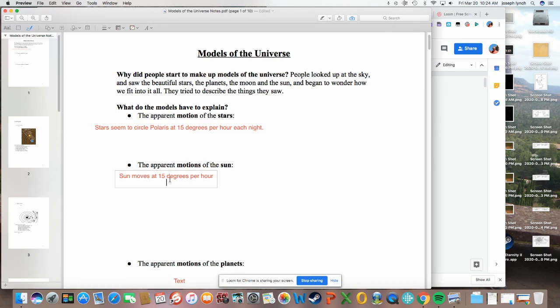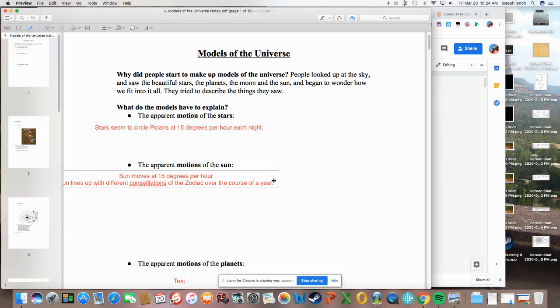But it also ends up with different constellations of the zodiac over the course of the year.